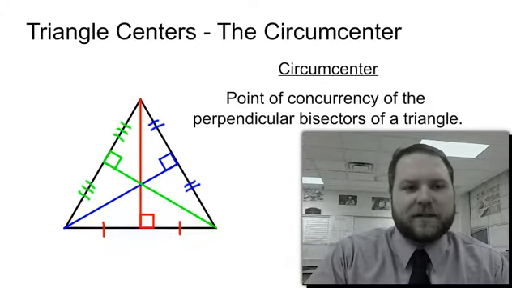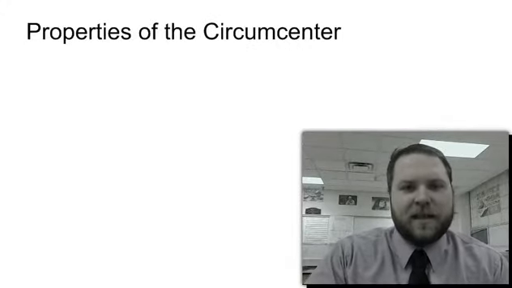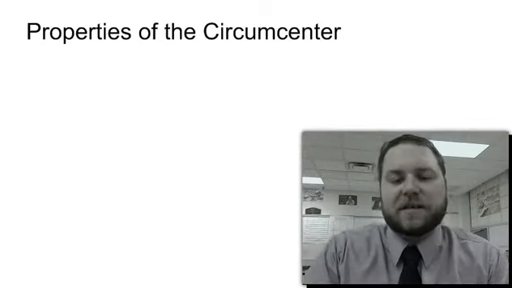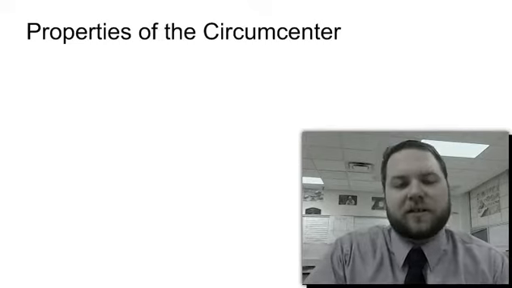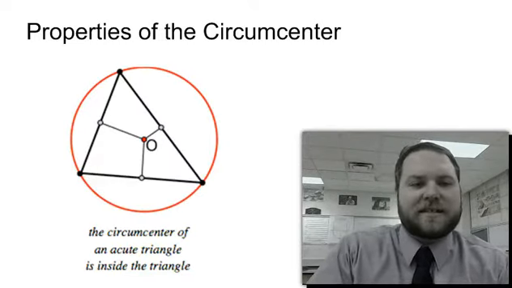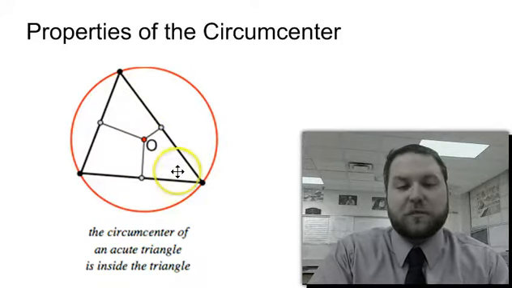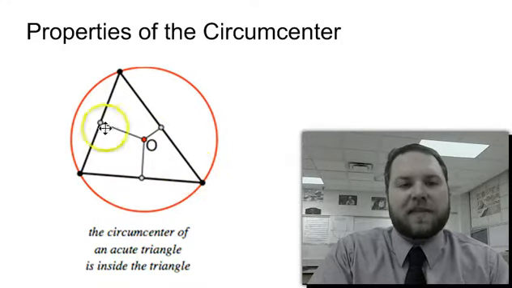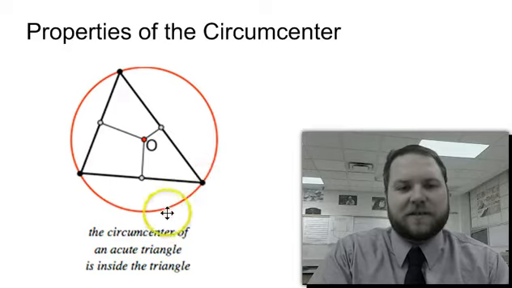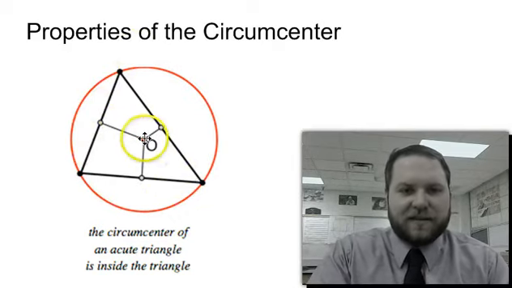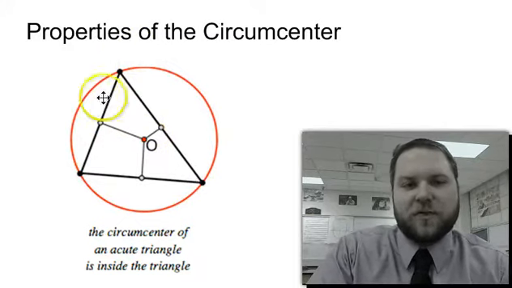Alright, let's talk about some of the properties of this thing. So first, the location of that actually tells you a little bit of information about the largest angle on the triangle. For instance, if you have the circumcenter, which in this case is point O, being within the boundary of the triangle. So here you can see we have our circumscribed circle, and the center of that is O, and that's within the triangle.